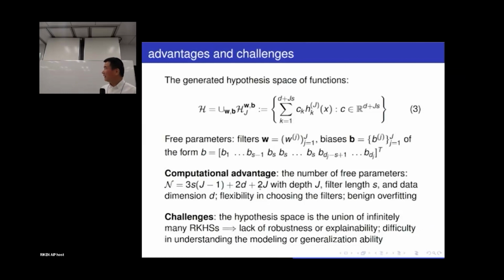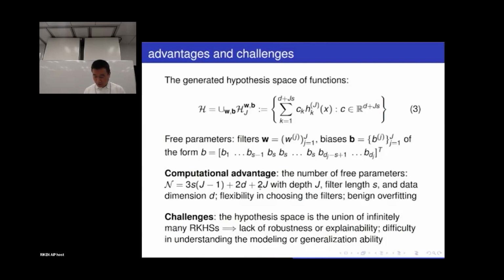This actually leads to the problem of so-called lack of robustness, because the hypothesis space is the union of many, many spaces, not the summation. So the structure is not so stable. If you change the parameter a little bit, the function space changes. Therefore, the stability or robustness of the algorithms becomes a problem. But the advantage is that the number of free parameters to be trained is much smaller by imposing the convolutional structures for the connection matrices.